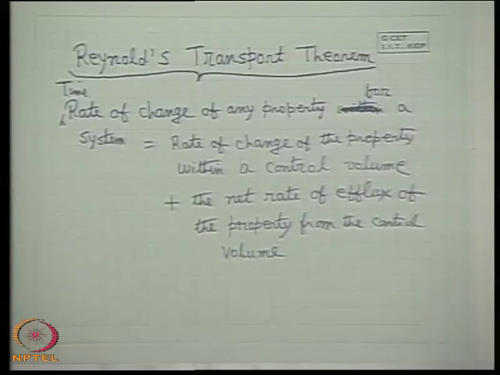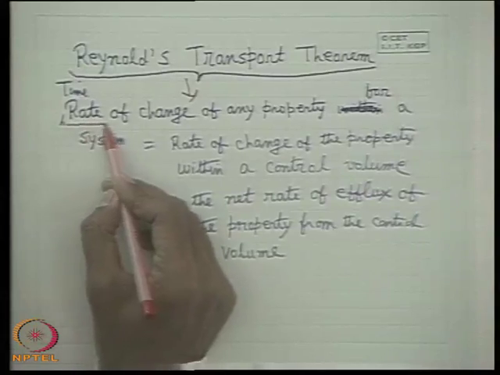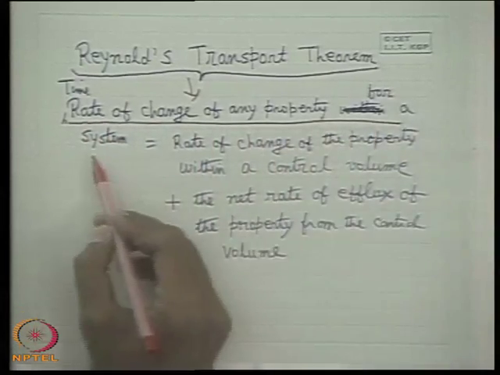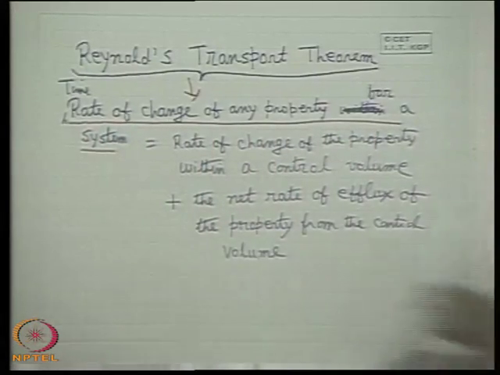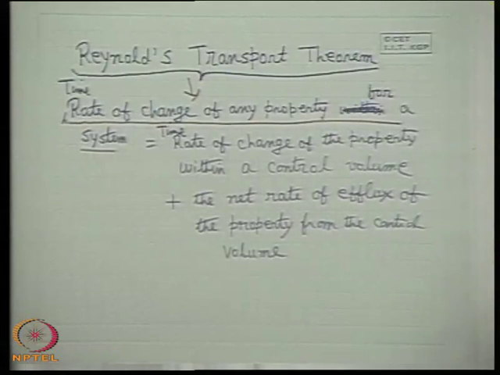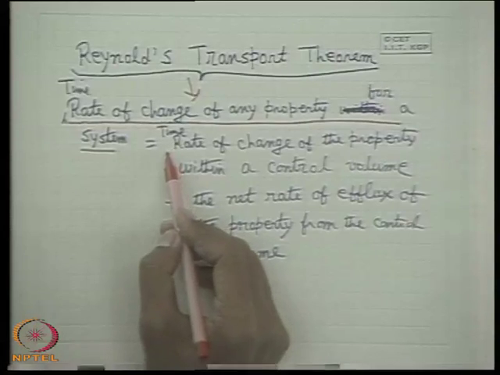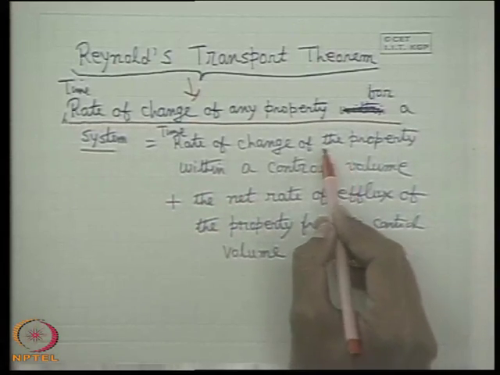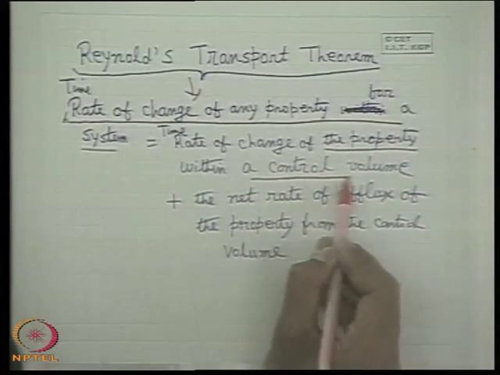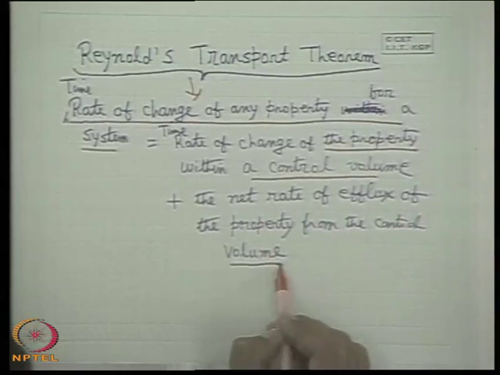So now the definition that the transport theorem gives us: the time rate of change of any property for a system is equal to the time rate of change of the same property within a control volume plus the net rate of efflux of the property from the control volume.